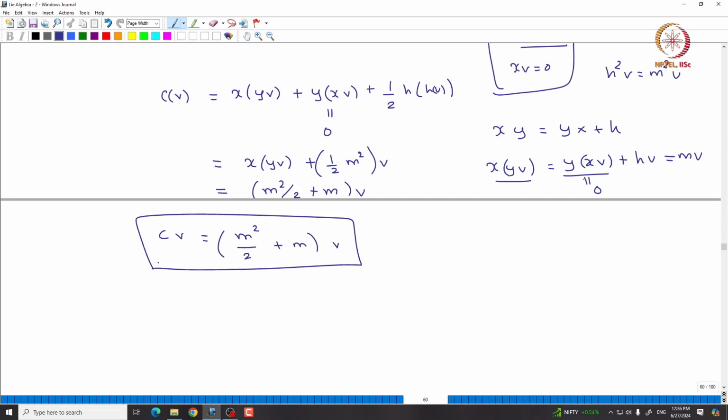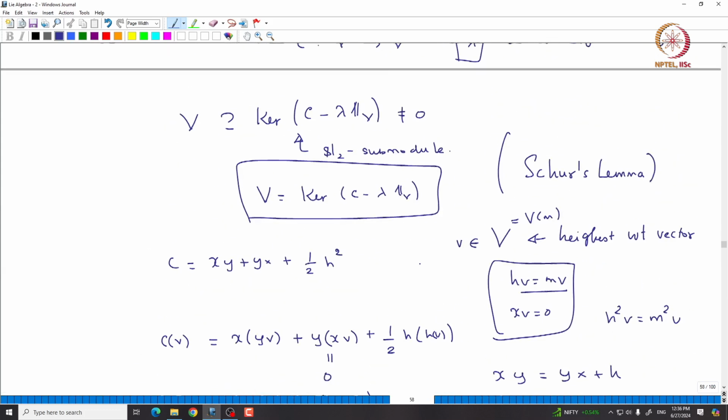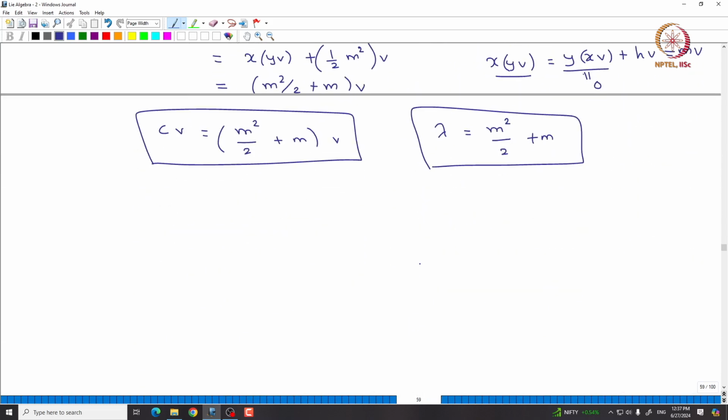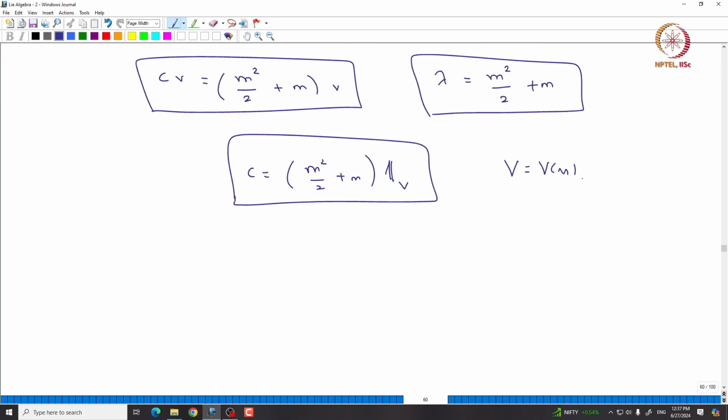Since C acts as lambda on the entire module, that forces lambda to be exactly m squared by 2 plus m. This is the constant that we get using the action of C. So, basically C is m squared by 2 plus m times identity on V, when V is V(m). This is an interesting calculation.